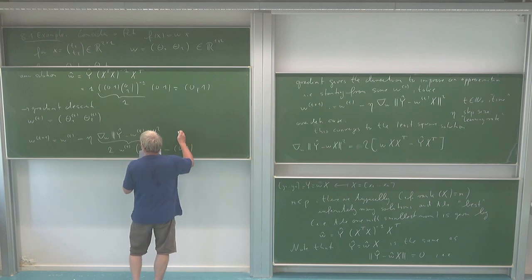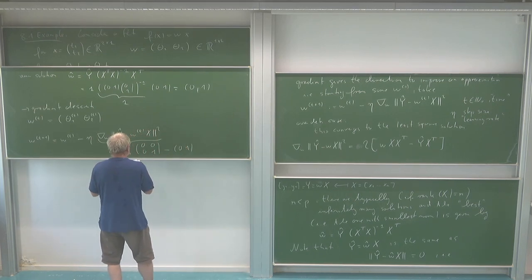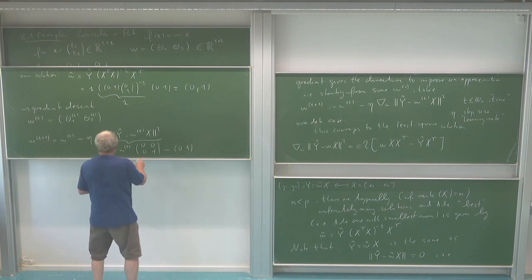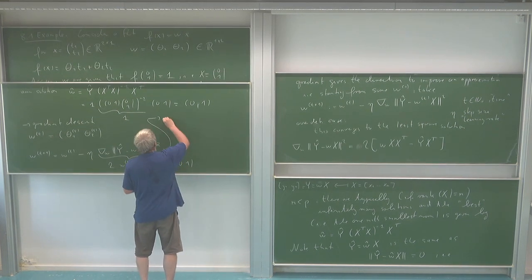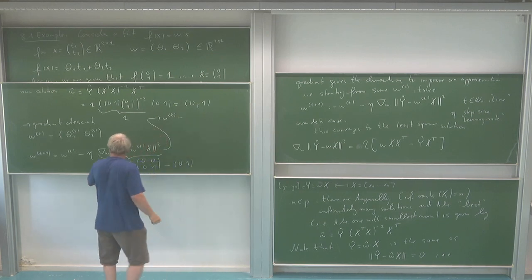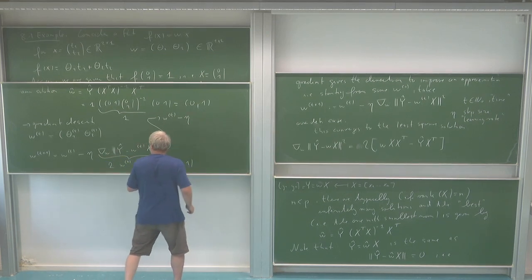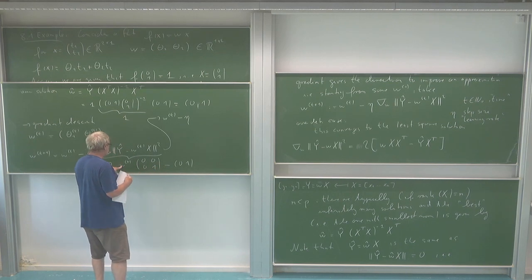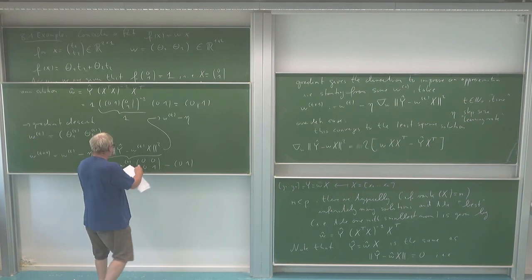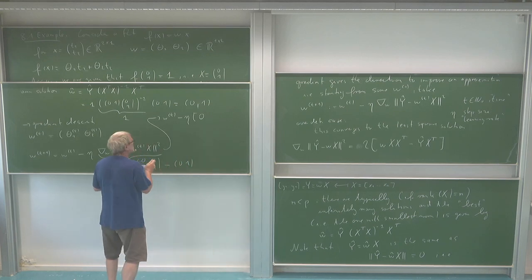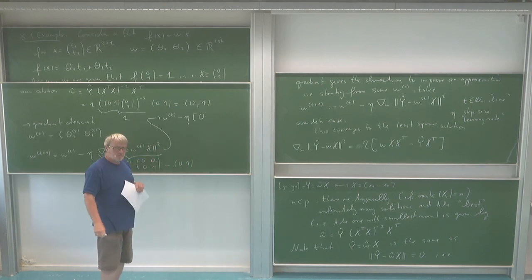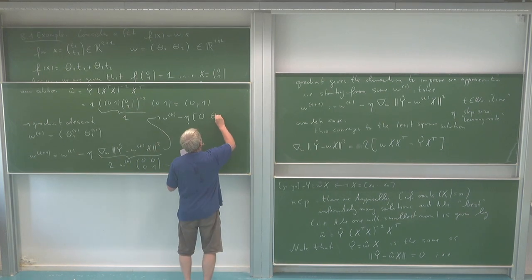So what I have here is 2 times, so this is w_t minus eta, and then what do I have here? This w_t is theta 1, theta 2 multiplied with this, but then you see in the first component I just get 0, and in the second component I just get theta 2. So this is here theta 2.